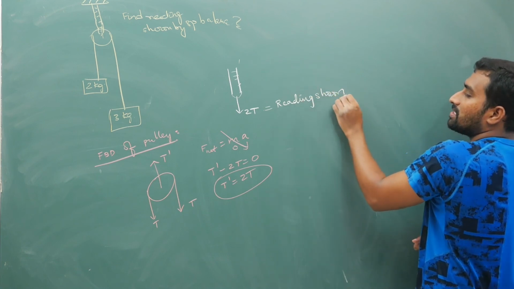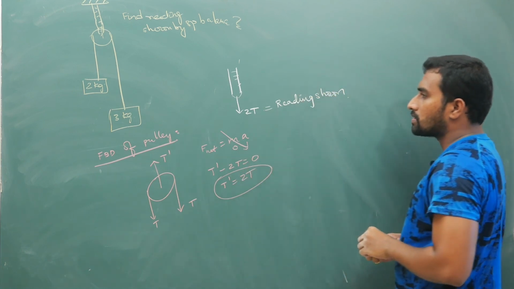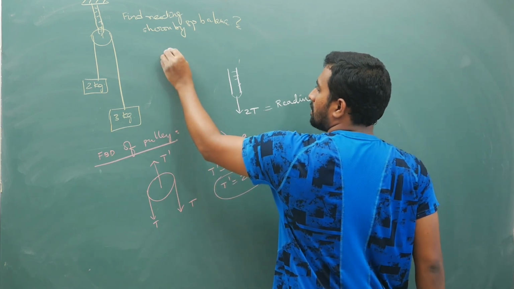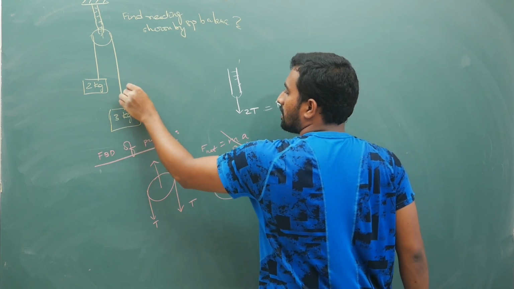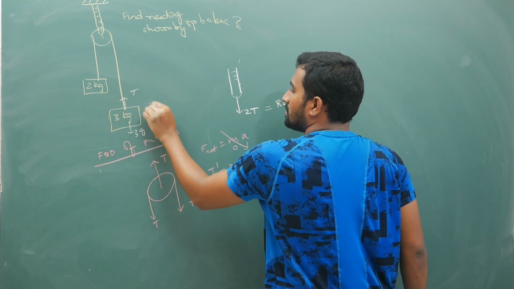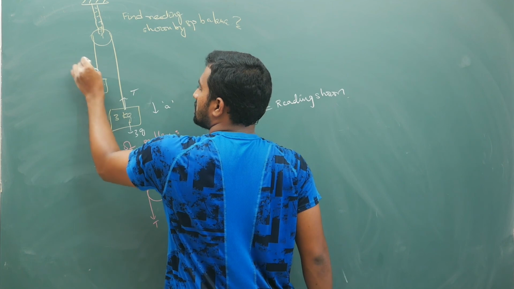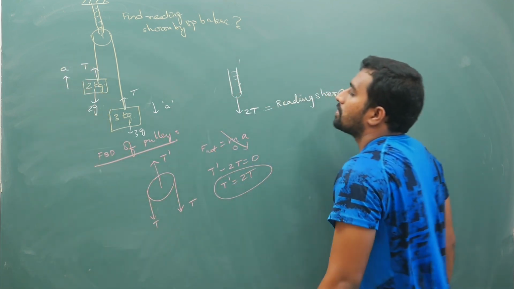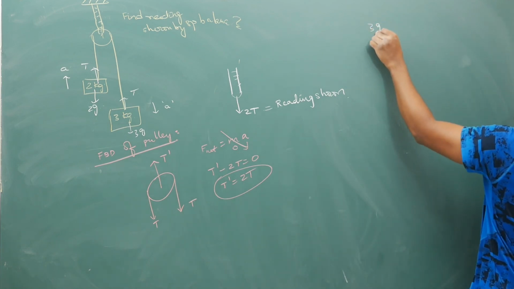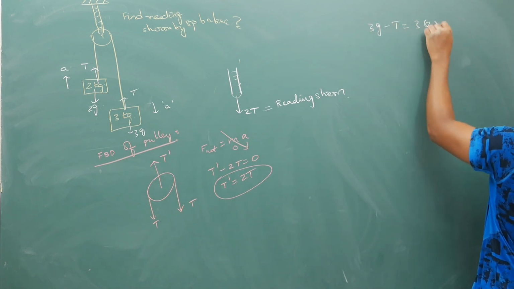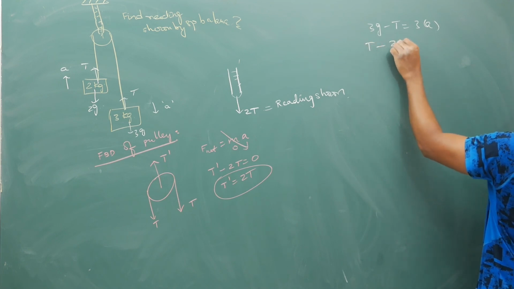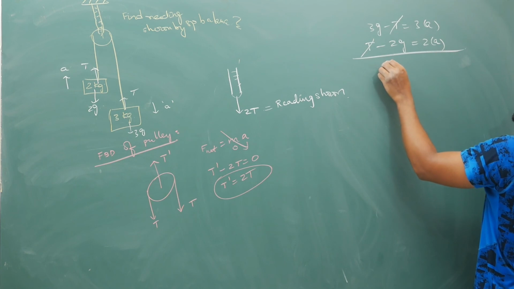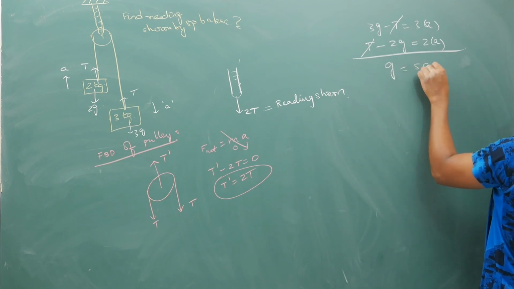So first we have to calculate T. We have seen previously how to find the acceleration. From FBDs you can calculate: 3g, this comes down with A, this is T, this is 2g, this comes up with acceleration A. So 3g minus T is equal to 3 times A, and T minus 2g is equal to 2 times A. Adding, T minus T cancels, 3 minus 2 is g, that is equal to 5A.